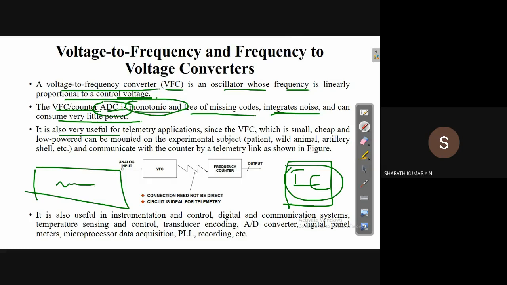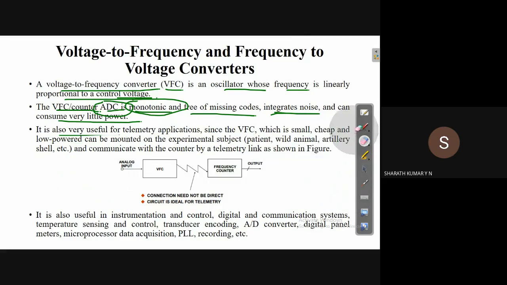It is also very useful for telemetry applications, since the VFC, voltage to frequency converter, which is a small, cheap and low-powered device, can be mounted on an experimental subject, for example a patient or a wild animal, an artillery shell, etc., and communicate with the counter by a telemetry link as shown below. Okay, let's observe this circuit diagram.